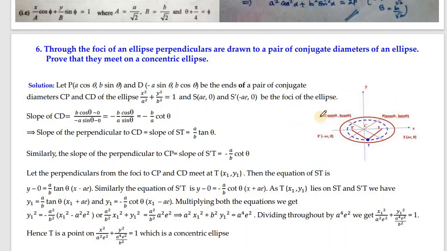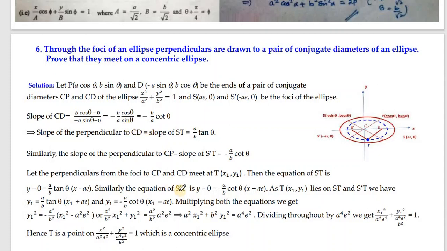Another one D is minus A sin theta, B cos theta. We consider the foci A e, 0 and minus A e, 0, that also we consider. We consider the slope of CD, we have got it, and the slope of CD as well as B cos theta by minus A sin theta.